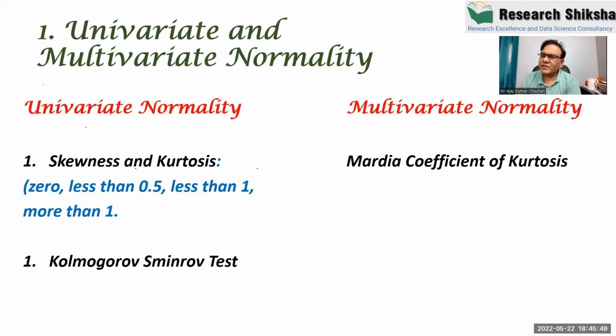So for interval scale data, you need not apply any test like Kolmogorov or Jarque-Bera. You just check whether the skewness and kurtosis is less than 1 or not. You should always remember that the skewness and kurtosis should not be more than 1, because this condition will save you from many problems.